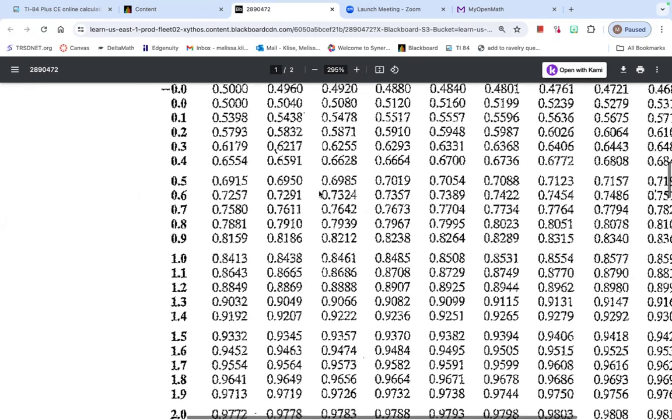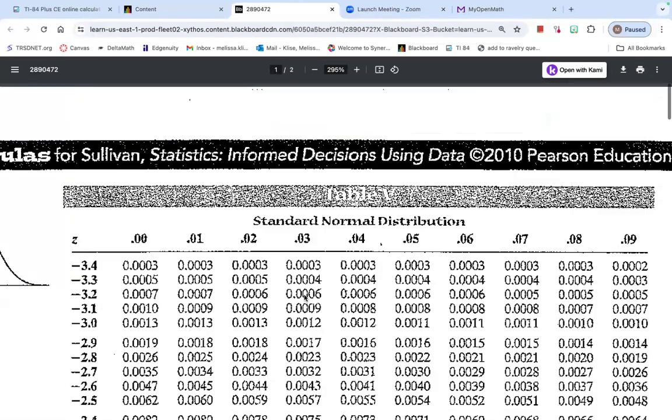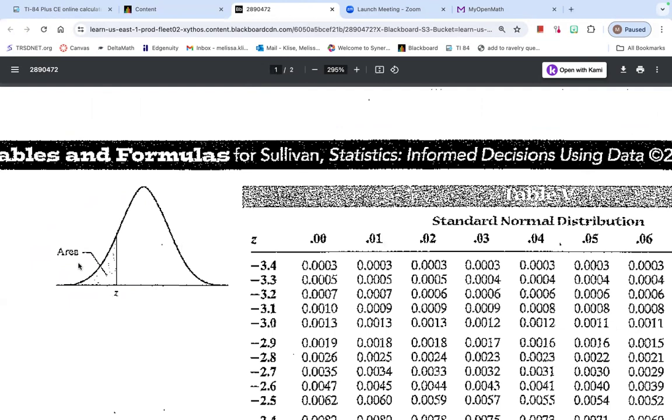Here's 1.3. There's 1.30, 31, 32, 33. It's right there. This is similar to the z-table I showed you, but this is our z-score and our z-table. And it reminds you in the picture that it gives the area to the left.